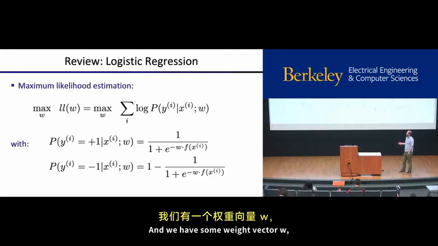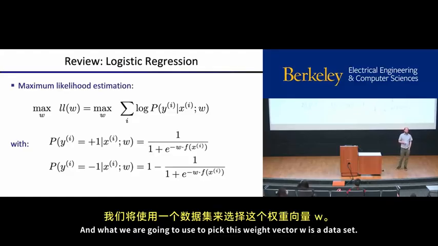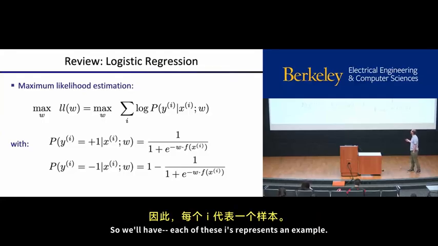And we have some weight vector, W, which will change the probability distribution assigned by a model. And what we are going to use to pick this weight vector W is a data set. So each of these i's represents an example.